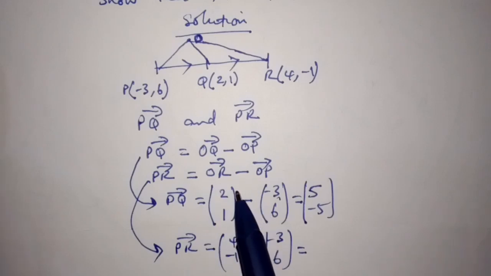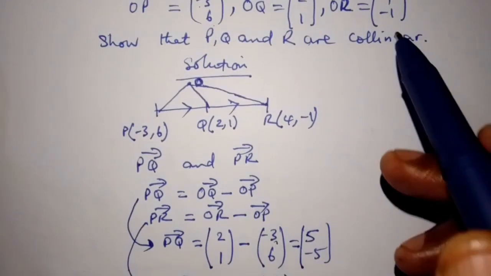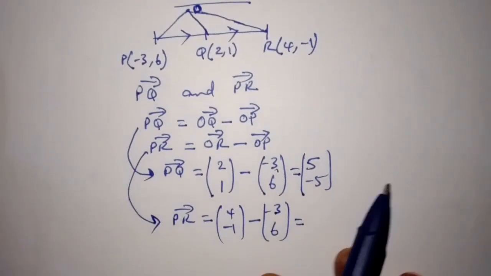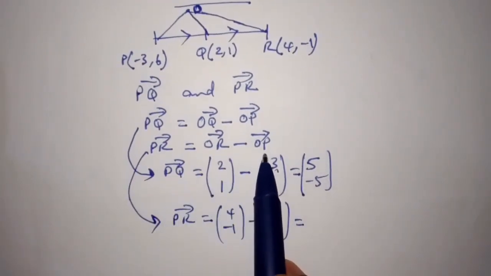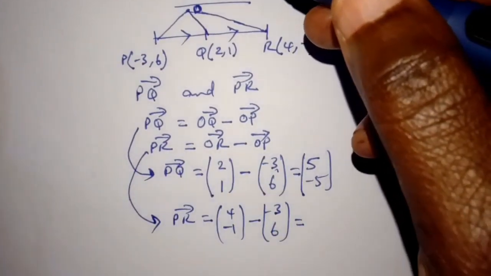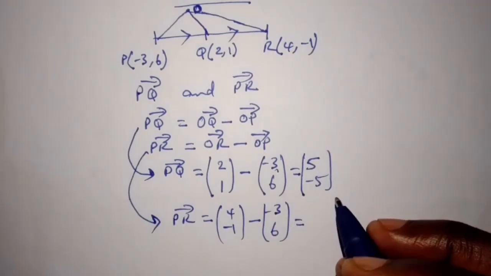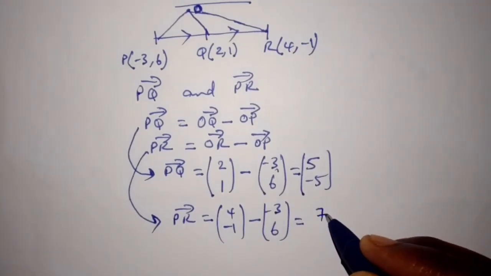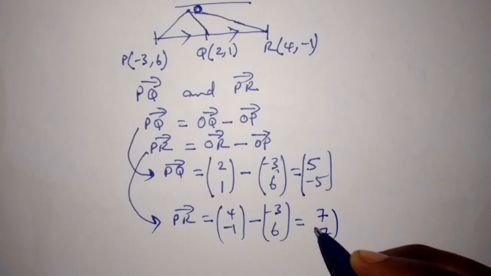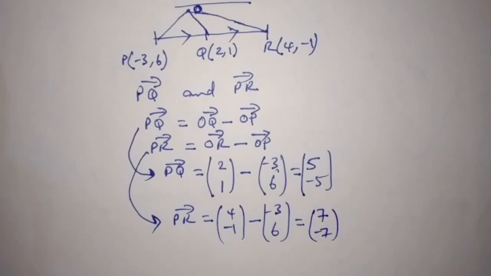OR is (4, -1) and OP is (-3, 6). This is giving us (7, -7).